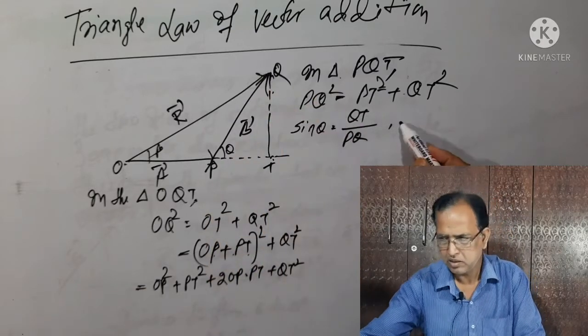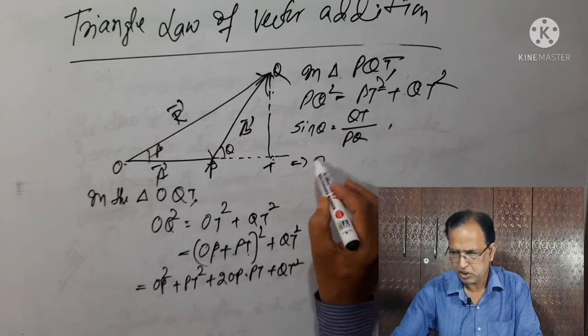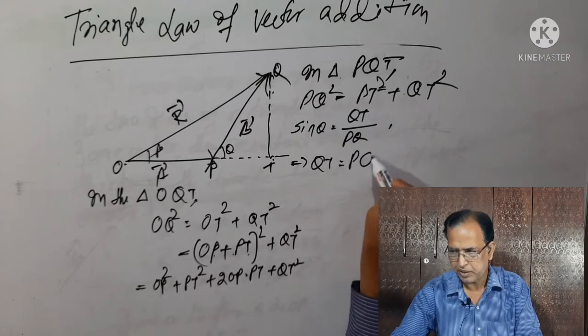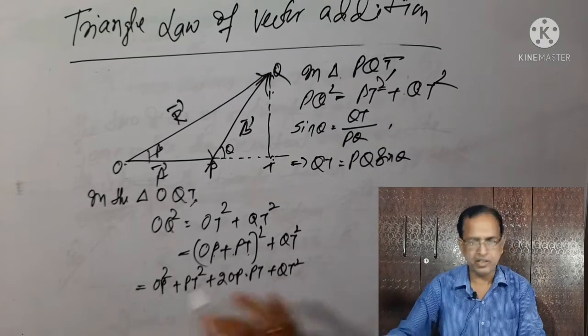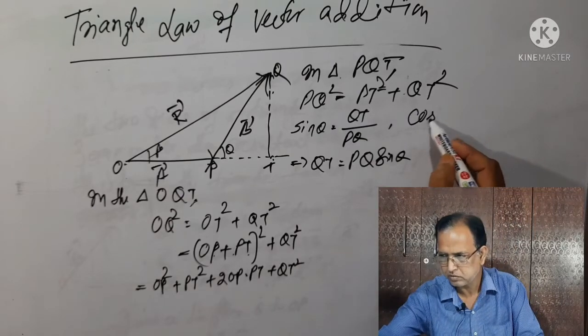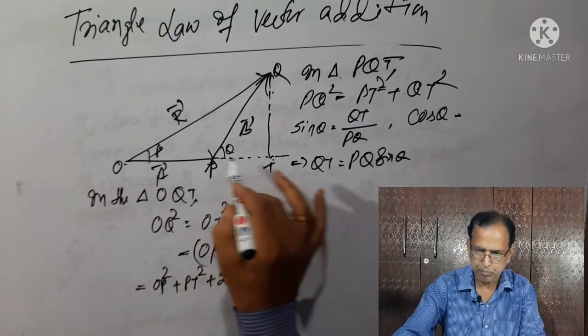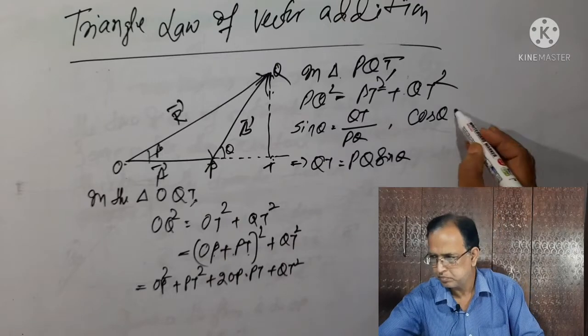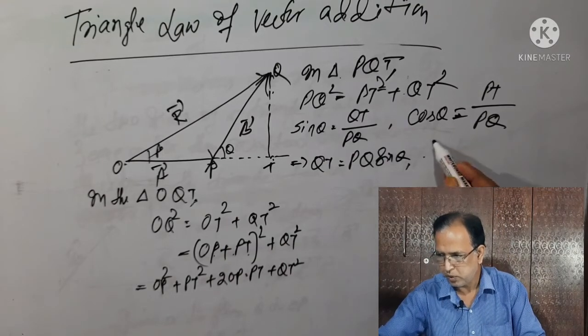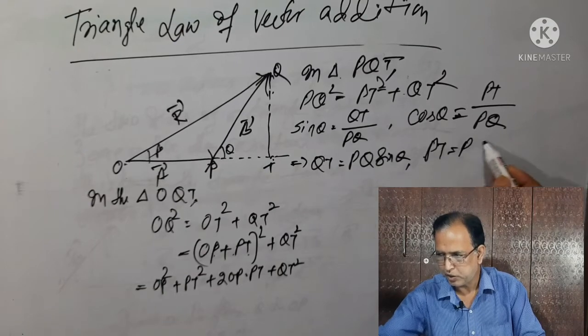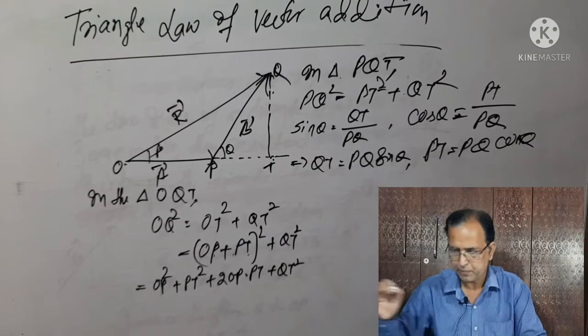QT is equal to PQ sin theta. What is cos theta? Cos theta is equal to PT by PQ. So what is your PT? PT is equal to PQ cos theta.